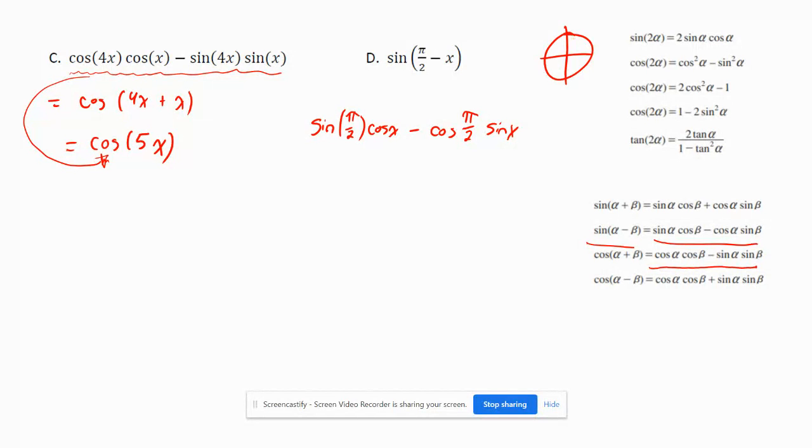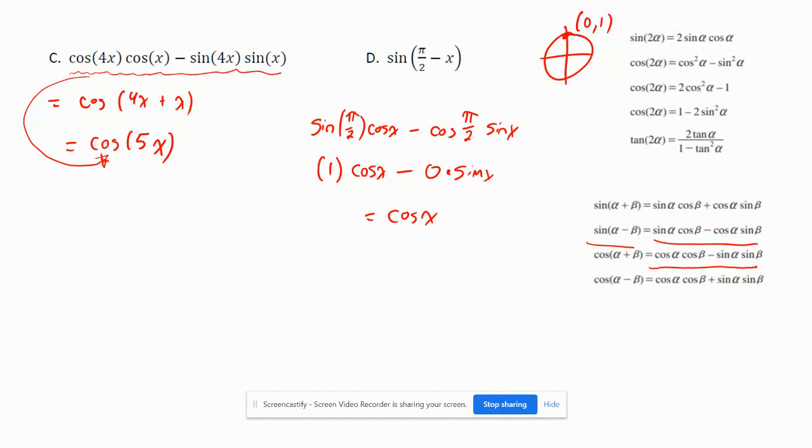And pi over 2 is the top of the circle. We have 0, 1. Okay, so sine pi over 2 is 1 times cos x minus cos pi over 2 is 0 times sine x. That's cos x minus 0, which is just cosine of x over here.